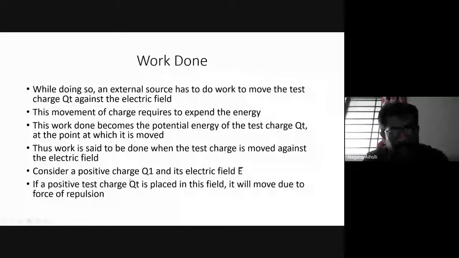Consider a positive charge Q1 and its electric field E bar. There is some positive charge, and the electric field due to that charge Q1 is E bar. Next, if a positive test charge Qt is placed in the electric field which is existing due to positive charge Q1, then it will move due to the force of repulsion.